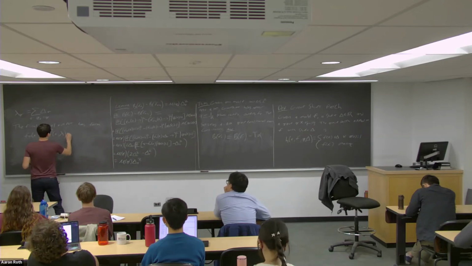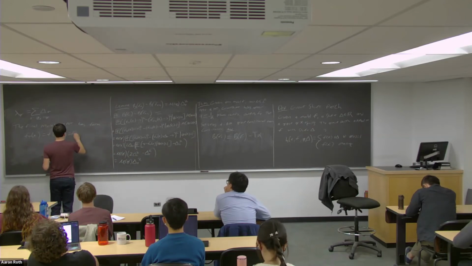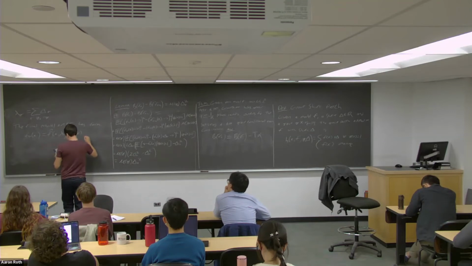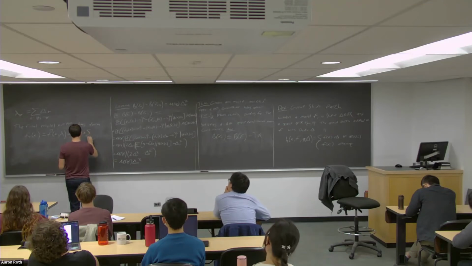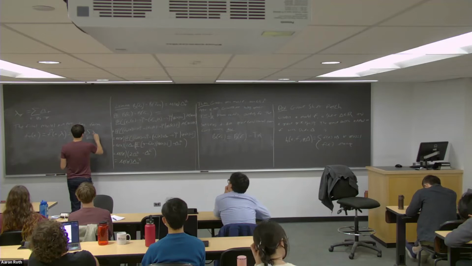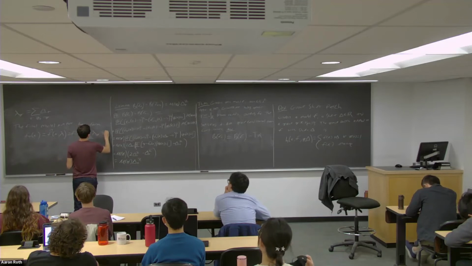It is now just f of x plus the sum over all of the groups of lambda G times G of x.